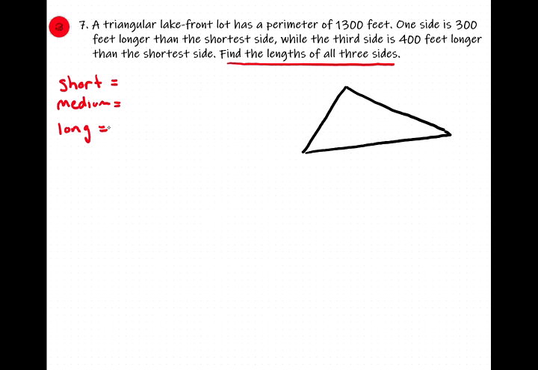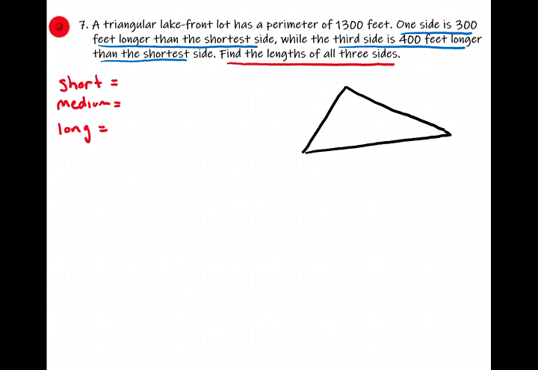And in the problem, 2 of the sides are given in terms of the shortest one. So if we knew how long the shortest side was, we could figure out the other 2 by adding 300 to get the medium one, and by adding 400 to get the longer one.